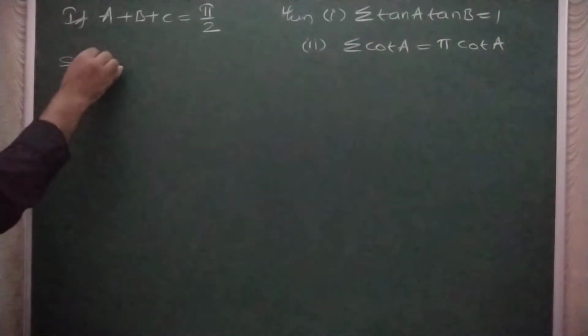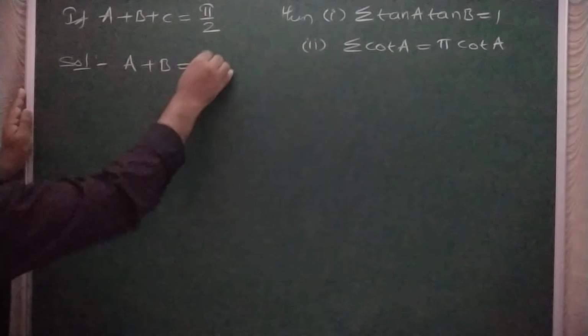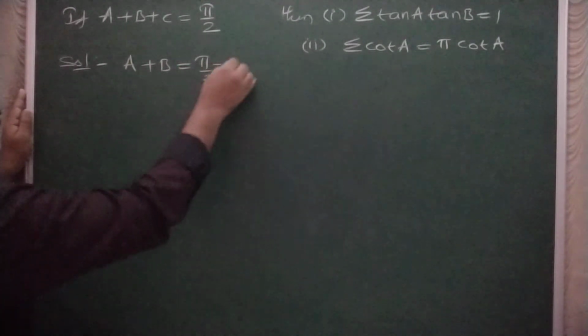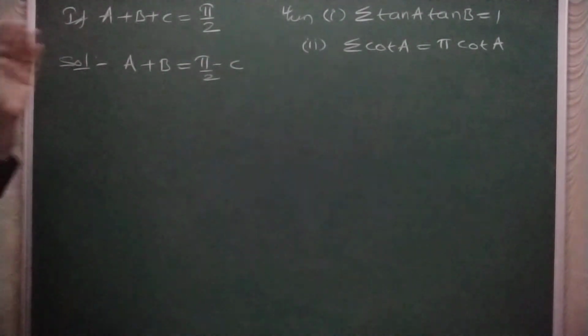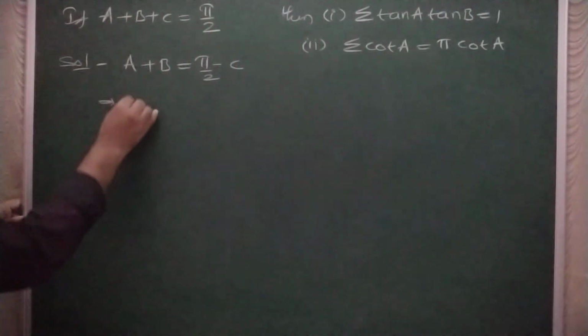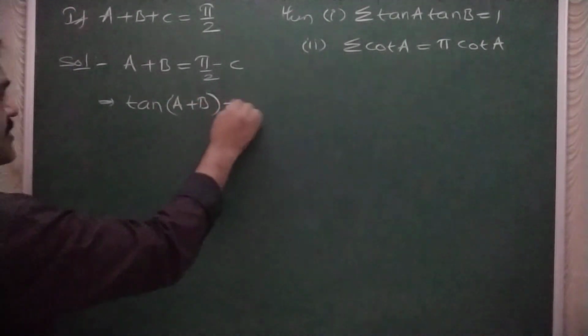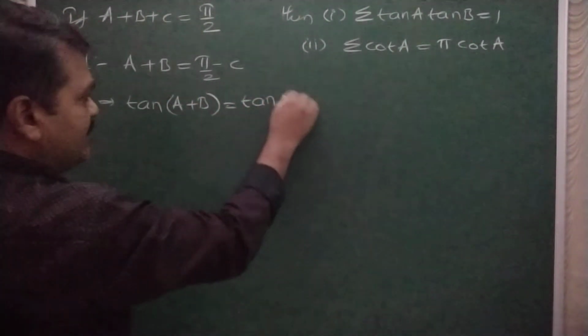So a plus b plus c is equal to pi by 2. Write a plus b as pi by 2 minus c. Now if you want to get this condition, take tan on both sides. So tan of a plus b is equal to tan of pi by 2 minus c.